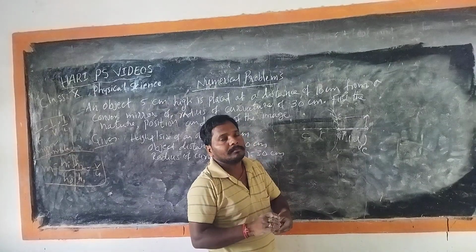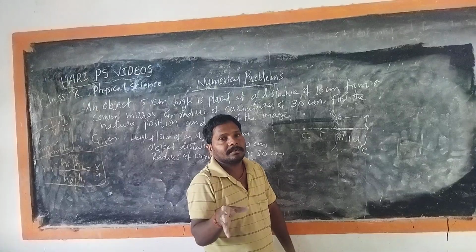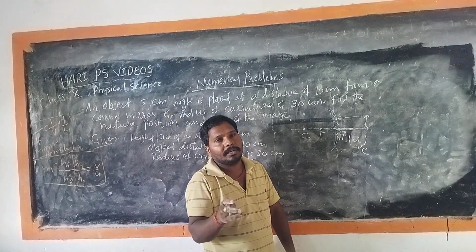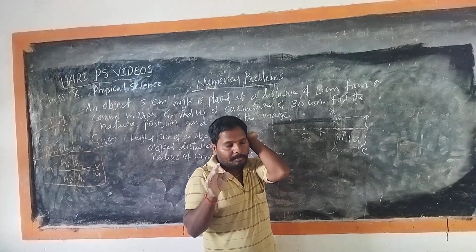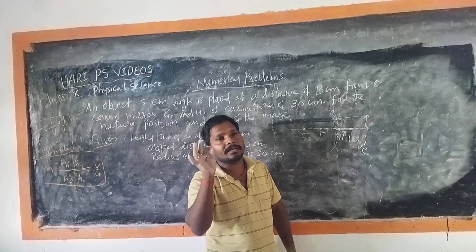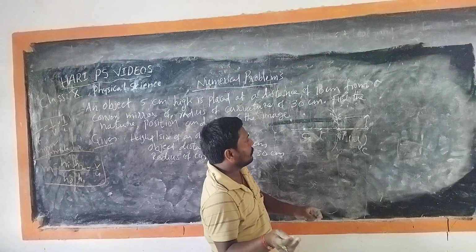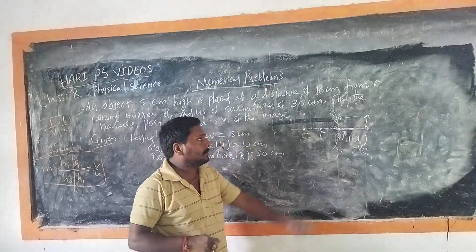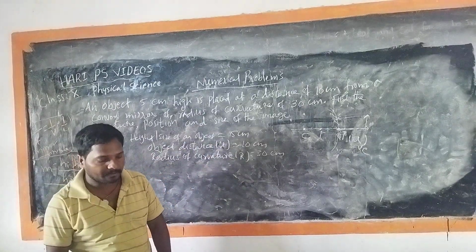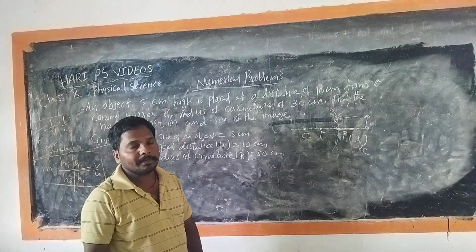And we know, in the case of a convex mirror, the object placed at any point between the pole and infinity always forms a virtual image, that too formed between the focus and the pole, and it is always formed above the principal axis.